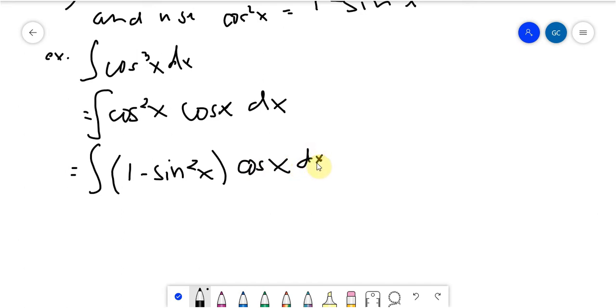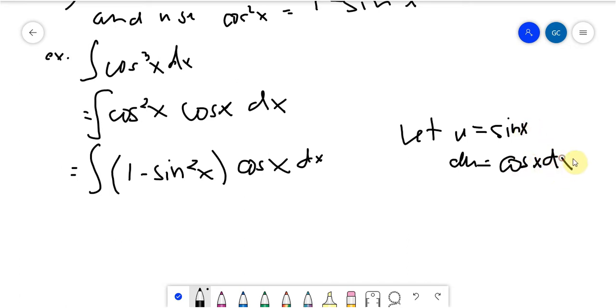Now, the next strategy is u substitution. We let u is equal to sine x, because we want to express the remaining factors in terms of sine. So du, the derivative of sine, is cosine x dx.